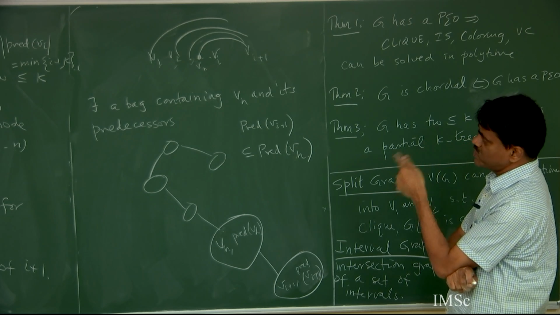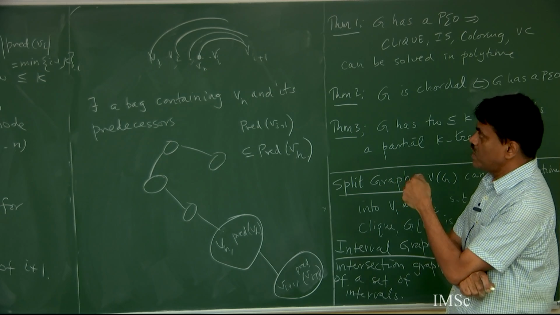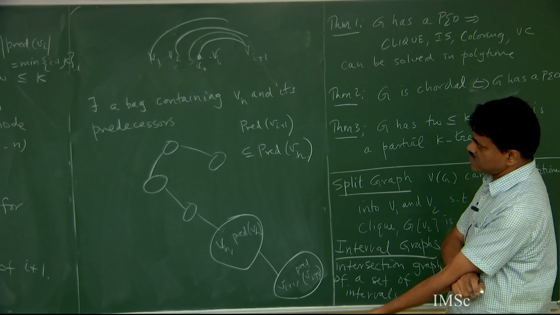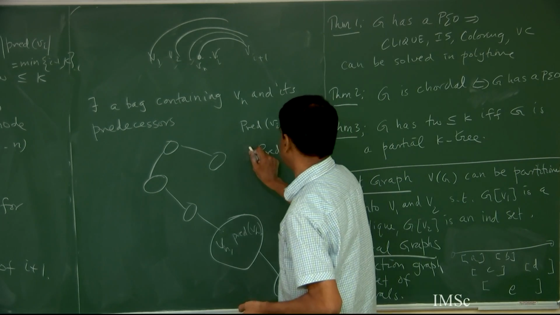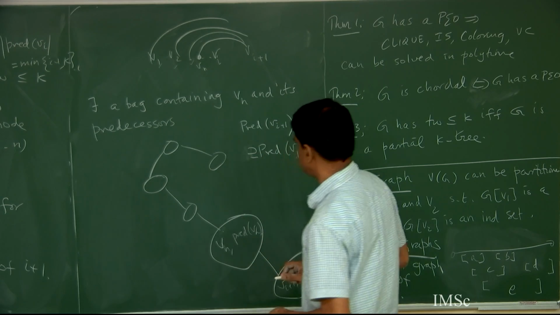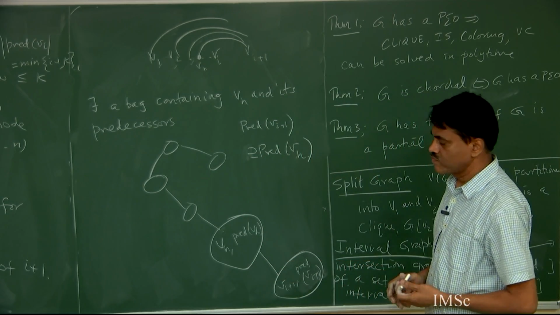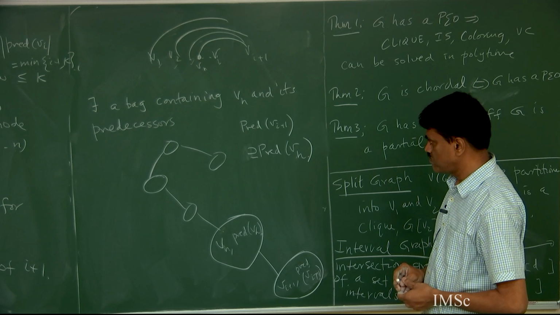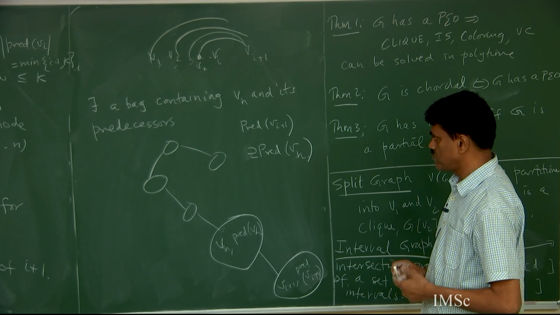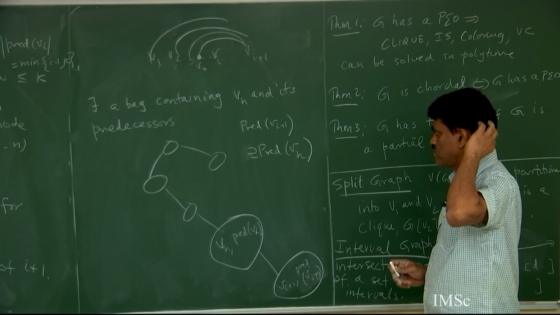Because Vi plus 1 is adjacent to Vh and all the k neighbors adjacent, they form a clique. Sorry, actually it should be the other way, right? Predecessor of Vh union Vh, because predecessor of Vh will be more.